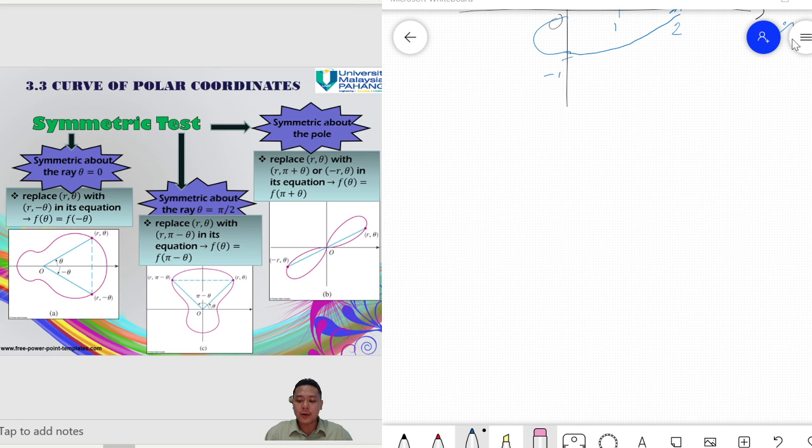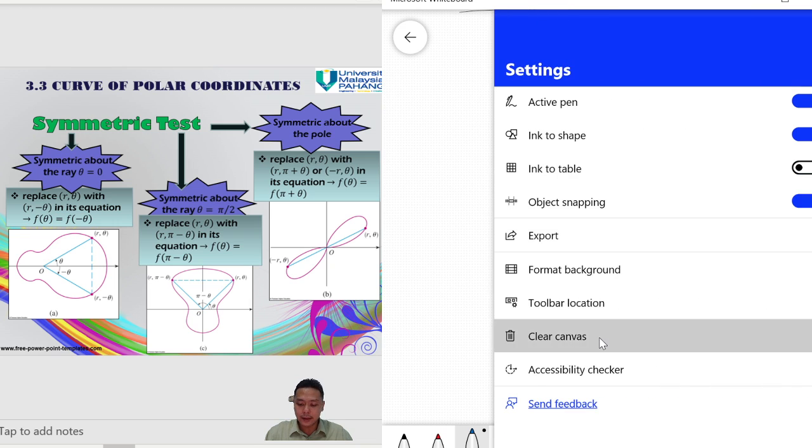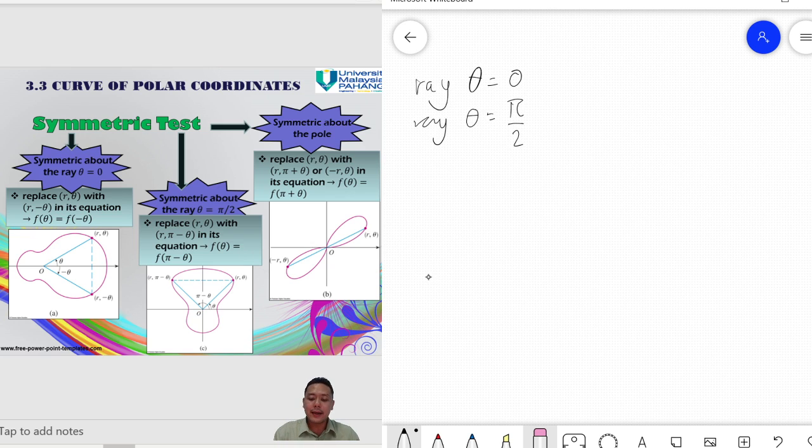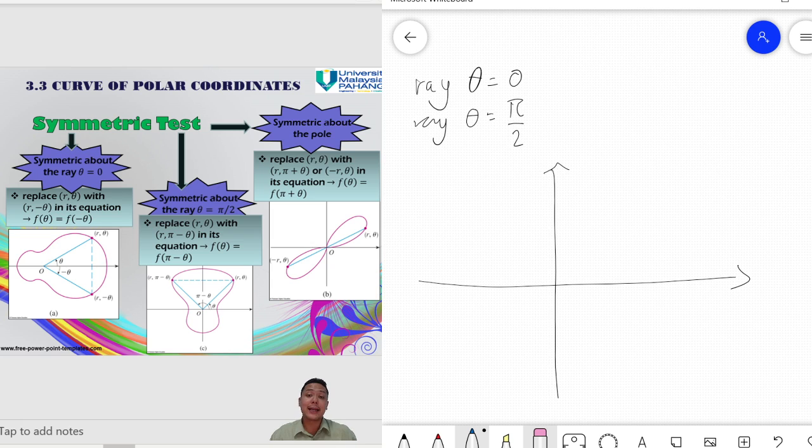There are two forms of ray: the common forms, ray theta is 0 or ray theta is pi over 2. The concept of ray is very easy to understand, where you measure the line. You already know how to measure the angle.